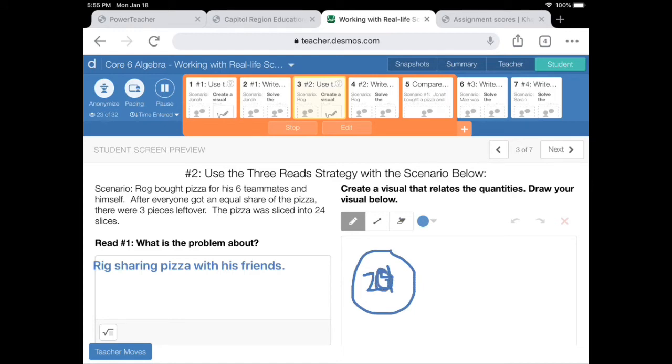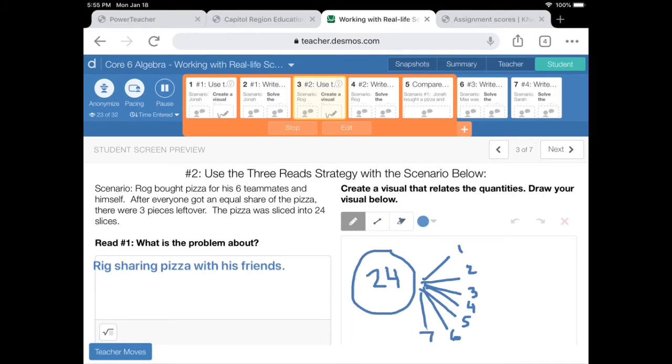Actually, if I'm thinking about that, it's being divided 7 ways. So maybe I have these 24 pieces, but it's being divided 1, 2, 3, 4, 5, 6, 7 ways. And then there's 3 pieces left over.